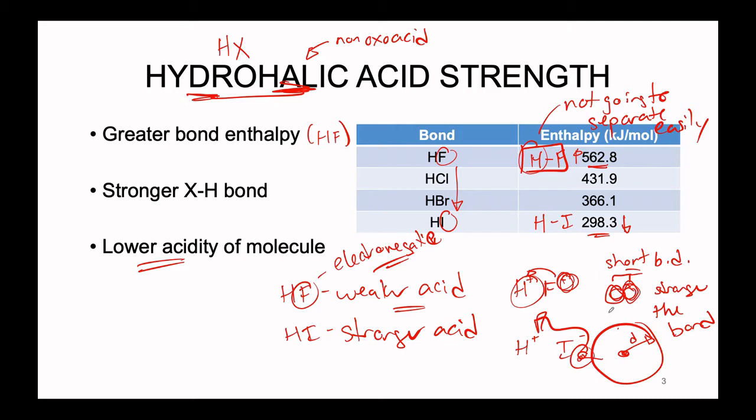And this approach, these arguments can be made for other types of non-oxo acids. If we have hydrogen directly bound to some type of atom, like H2S versus H2O, and we were going to predict which one of these two would be the greater acid, we're going to look at the size of the anion here and its partial charge to let us know whether or not the hydrogen is going to be more greatly held or more weakly held.